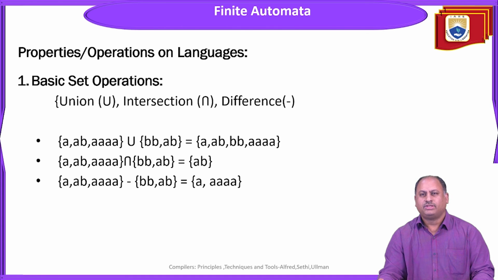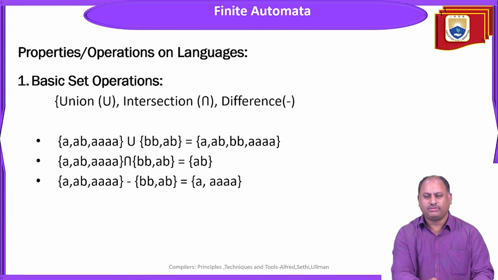And we can perform some operations also: union, intersection and difference. We already know union means combining the first element with the second element. Intersection means the common elements available in set 1 and in this language. Suppose this is the language we described and this is another language.